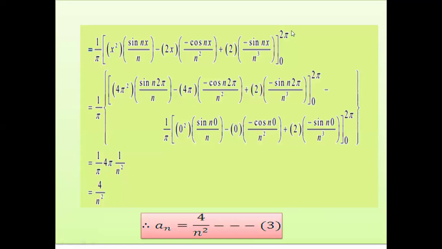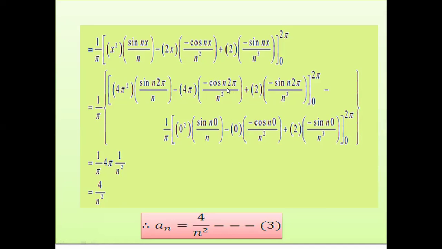Now you have to apply the upper limit. Wherever x is occurring, apply the upper limit 2 pi, and then minus the lower limit. Finally, sine of 2 pi will become 0, and the sine terms are also 0.